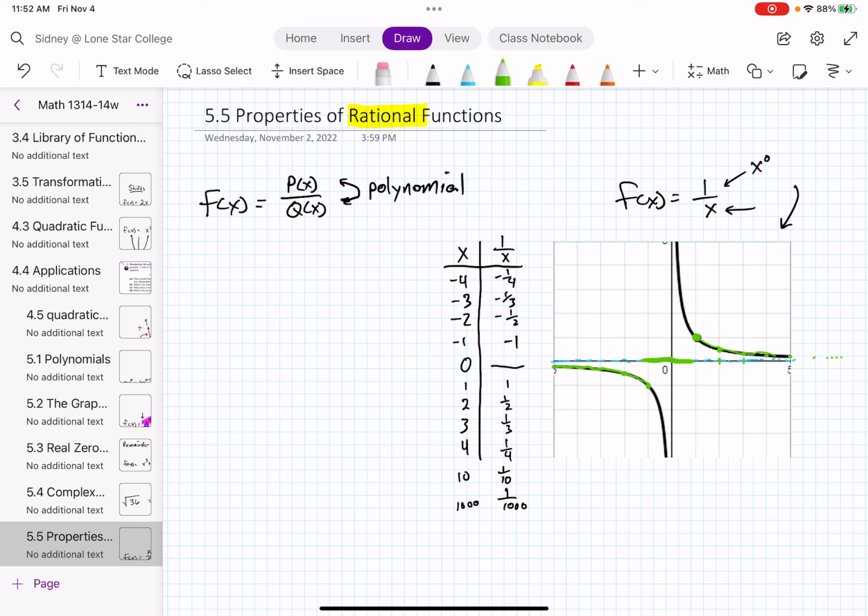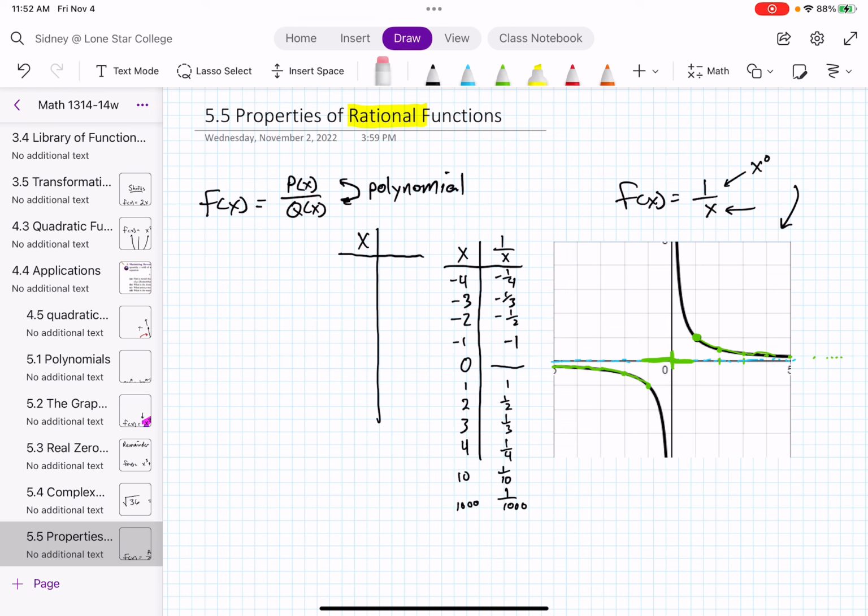But as the x values get closer to 0 right here, the values are getting really, really large. And let's look at why. So let's make another input-output table. But this time we're only going to pick values between 0 and 1. So here's what I mean.